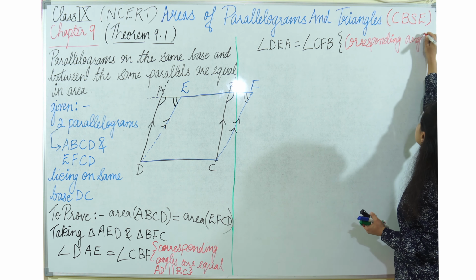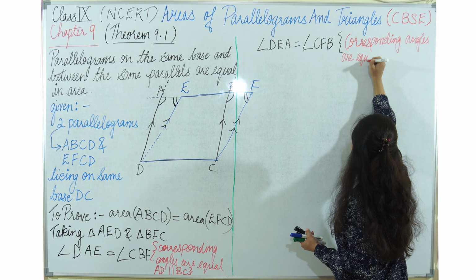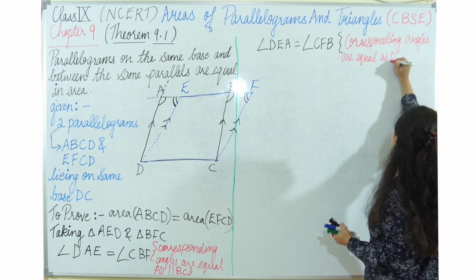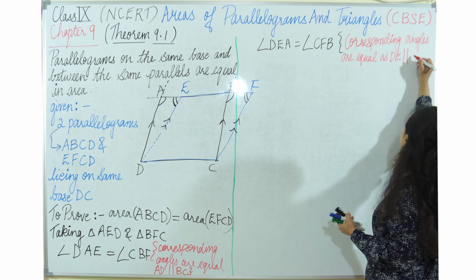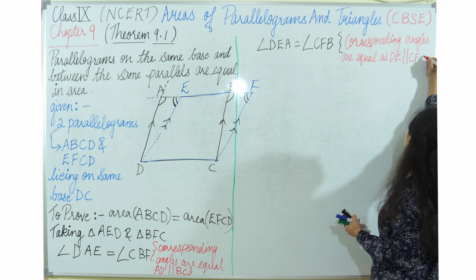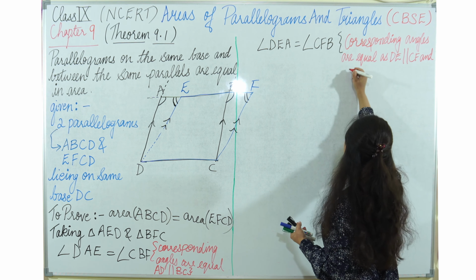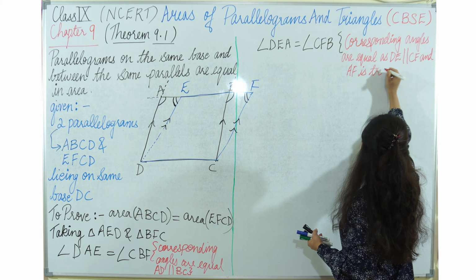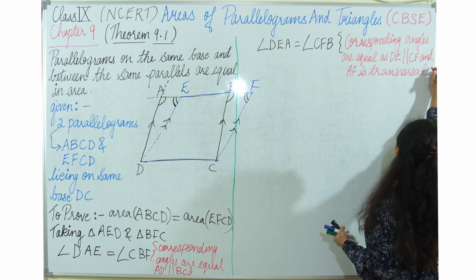Corresponding angles are equal as DE is parallel to CF and AF is transversal. Okay.